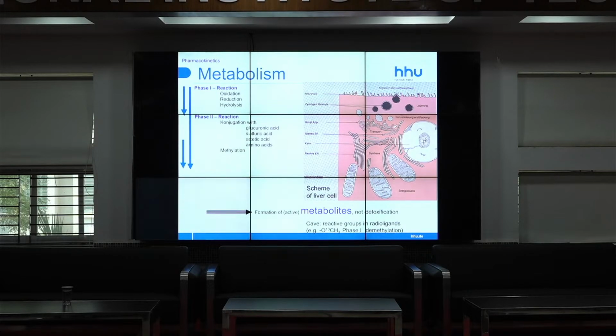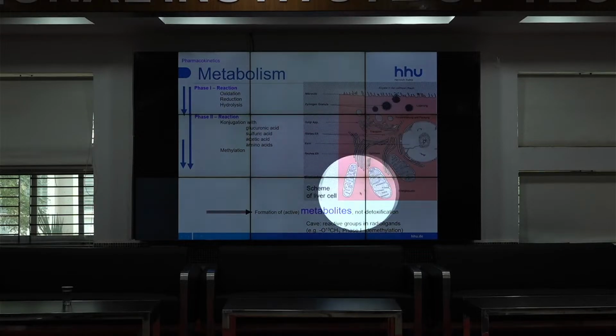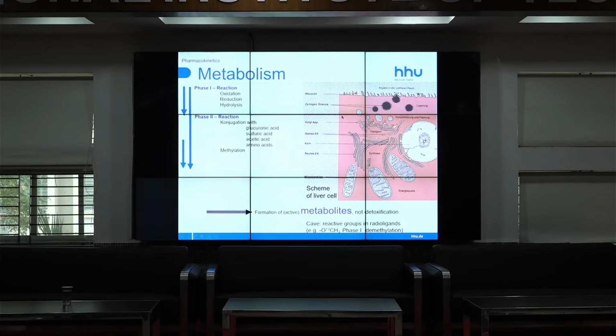So the liver is the main compartment, and the liver structure is very rich in blood flow, and the cells are highly reachable by the blood ingredients. Yeah? So then that can be done. And then we also have the mitochondria in our cells giving the energy for the metabolic process, which is really essential.